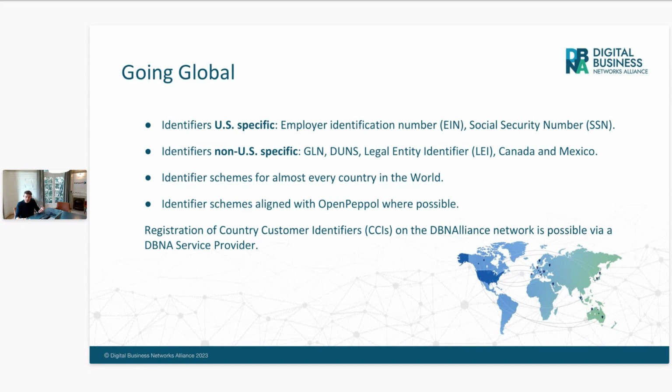And how easy would it be for them that they can use the same identifier, for instance, a tax number or a Chamber of Commerce number or Belgium KBO number, the same identifier to sign up with to the DBNA network, meaning just a double registration of a customer that's already into e-invoicing is enough to also sign up to the DBNA network. And this is really relevant for the scalability and the future growth of DBNA.